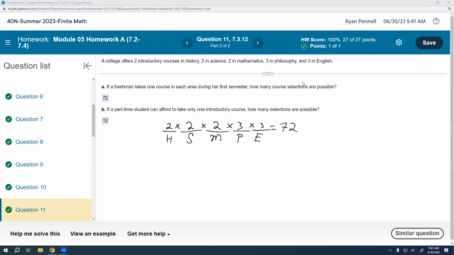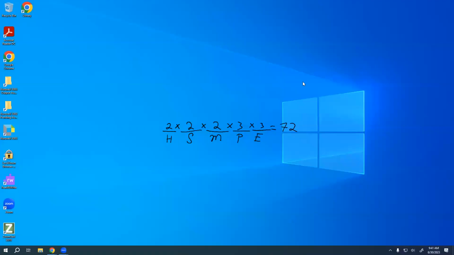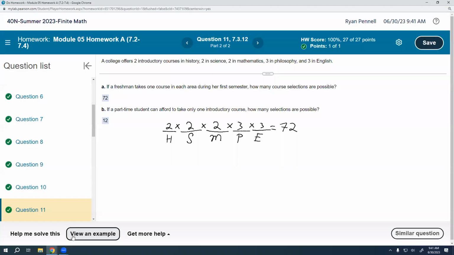Part B says if a part-time student can only afford to take one introductory course, how many are possible? Well, how many courses total do we have? We have 3 and 3 makes 6, 8, 10, 12. So we have 12 courses.